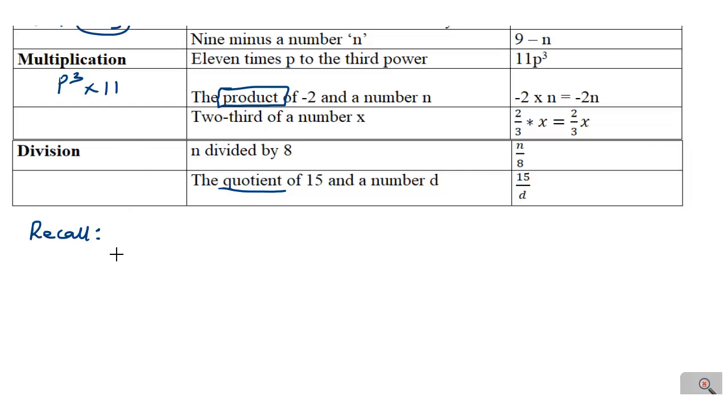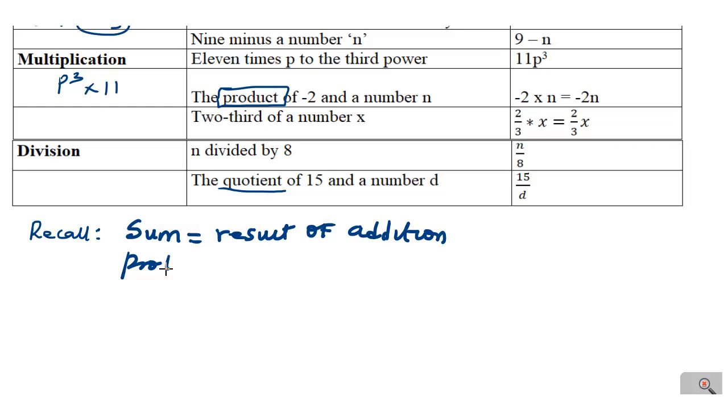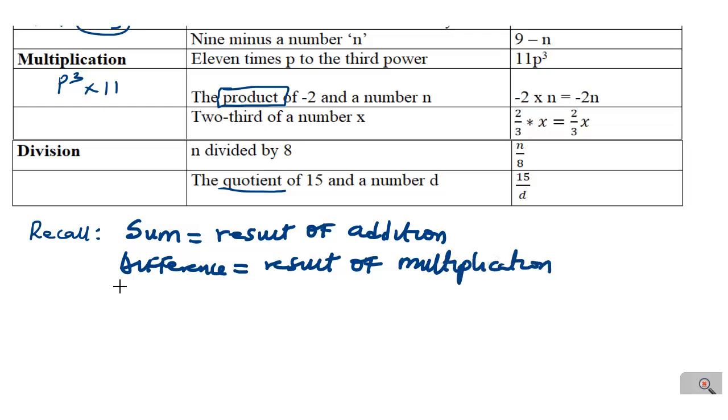That the sum is the result of what? Of addition. Then product, no, let's start with difference. Difference is the result of multiplication, the result of multiplication, while product is the result.